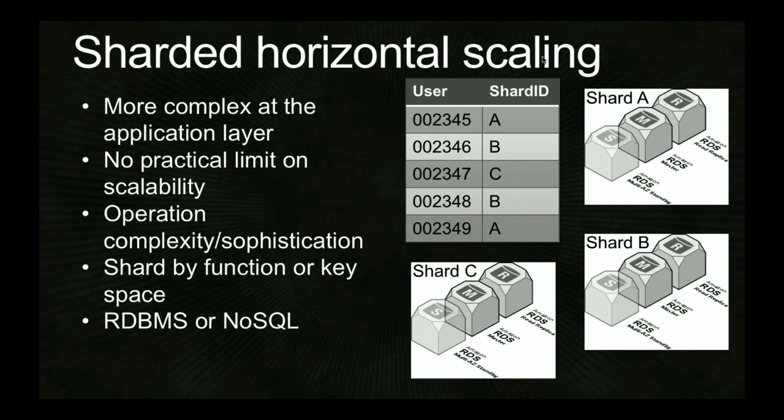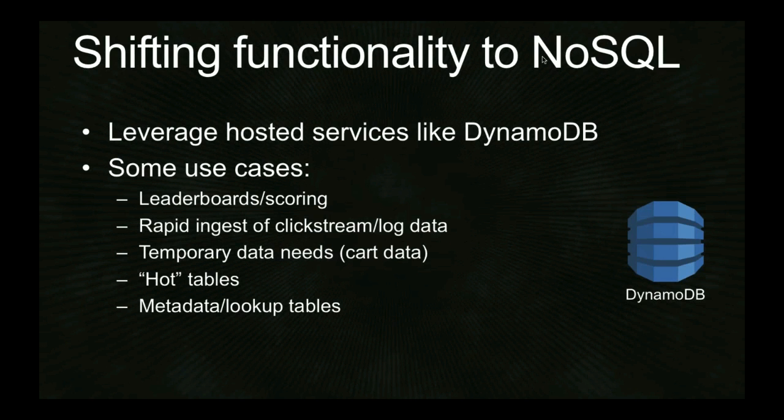If you need to do resharding, adding another shard, that can be another complexity of its own. But this is again a topic for its own webinar. If you need to go beyond what one table can handle in one database server, you can consider sharding. But actually, an easier way could be just to use DynamoDB.